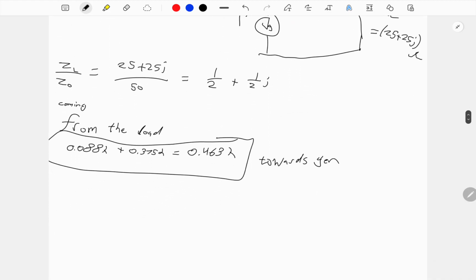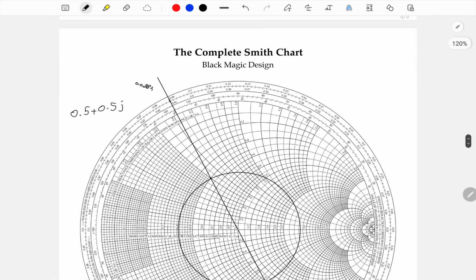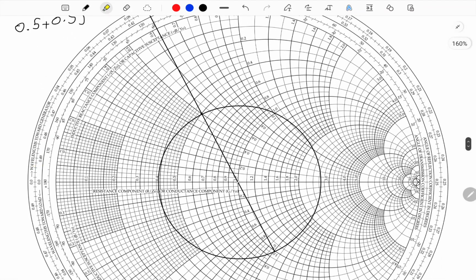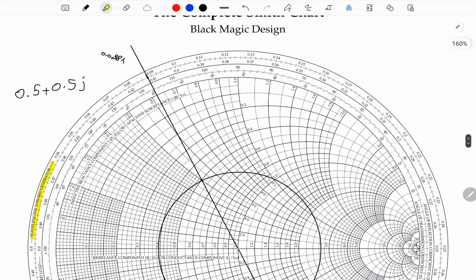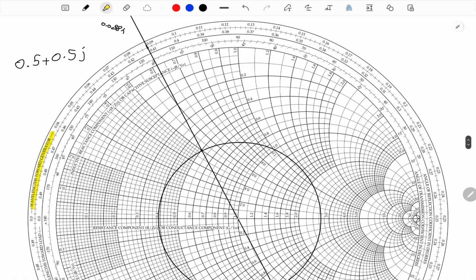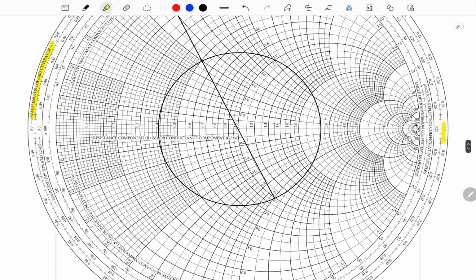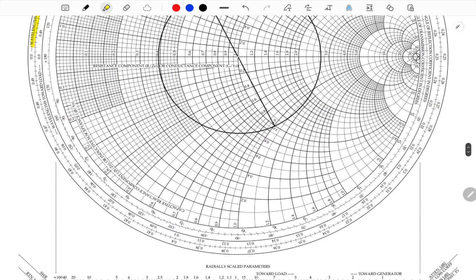So 0.463 lambda, and it says right here towards the generator, so we're gonna move all the way and find 0.463 lambda. And that's all the way here.